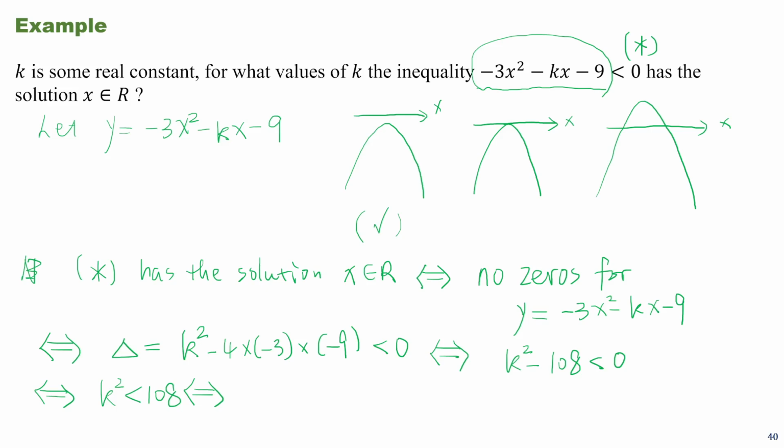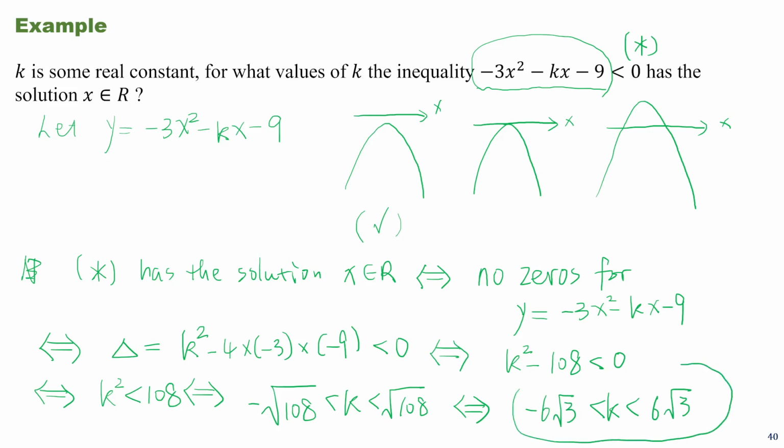If a number squared is less than a positive number, that means k must be less than the positive square root of that number and greater than the negative square root of that number, right? Which is equivalent to k must be between 6 square root 3 and negative 6 square root 3. This is your solution. K must be within this interval to ensure the solution is the whole real number set, right?